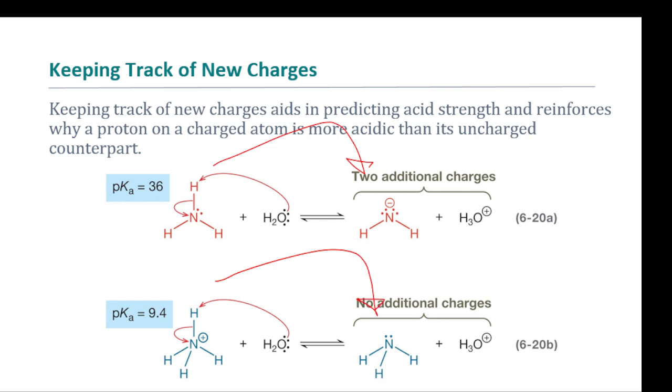One of the most common places for students to mess up and have difficulties with this, by the way. Right here, on the other hand, the thing that gains the proton, what is it gaining? An H and a plus, right?